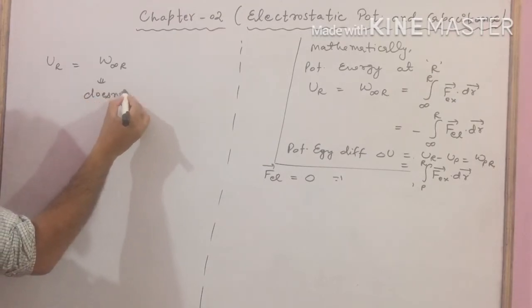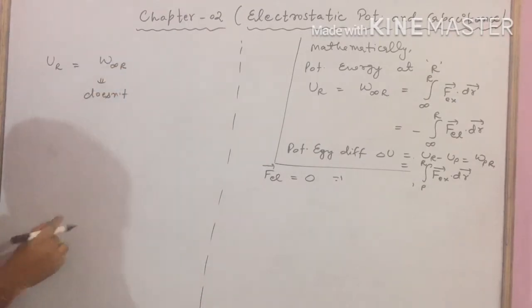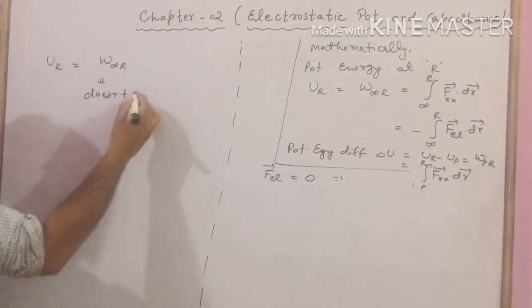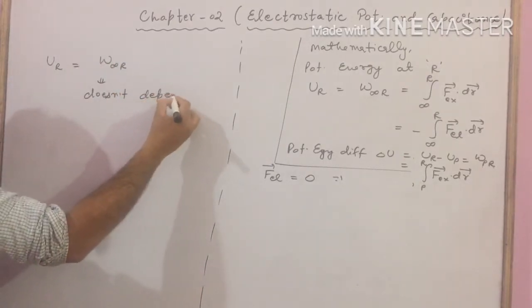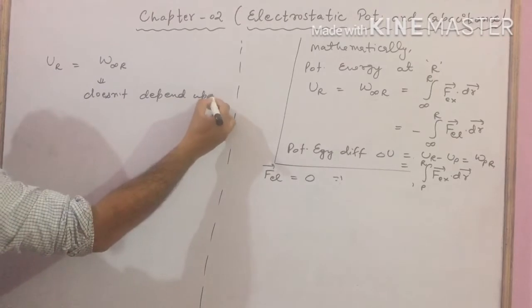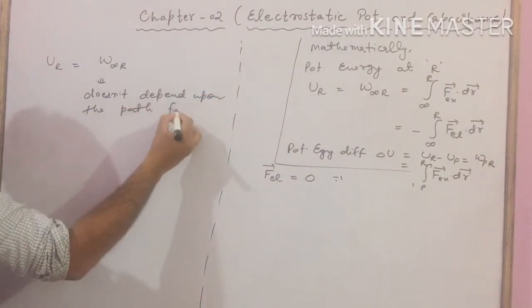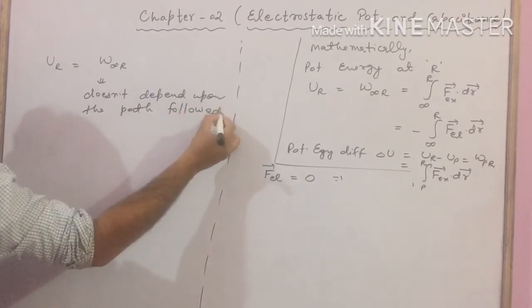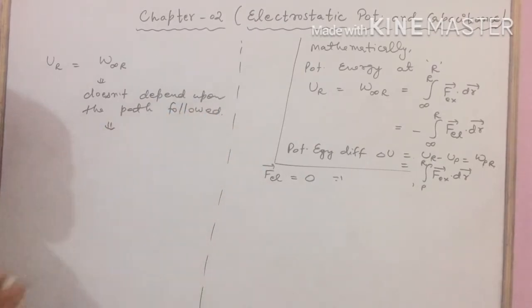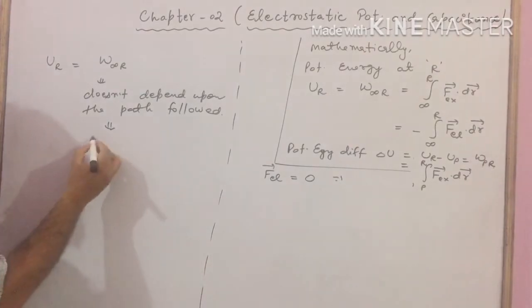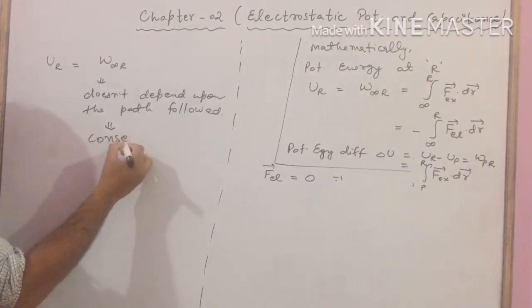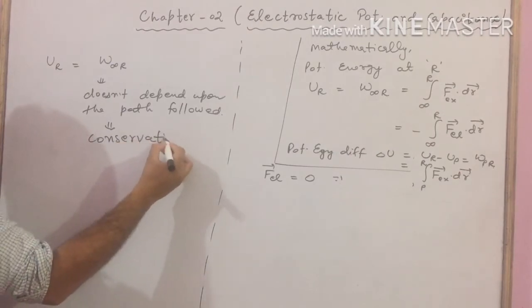Is there any information of the path followed? No, there is no information of path. So it means this work done does not depend upon the path followed by the charge. So these types of forces for which the work done is independent of path are known as conservative forces.